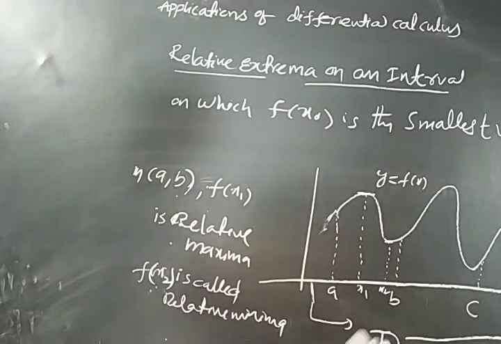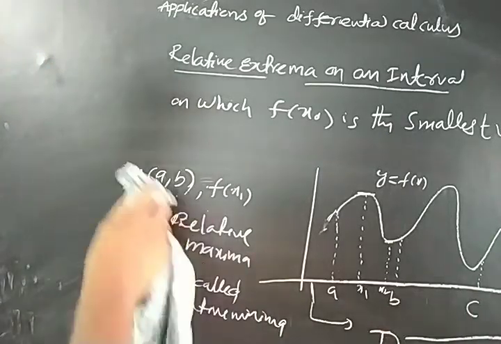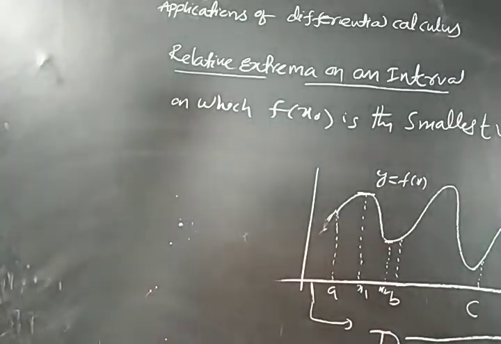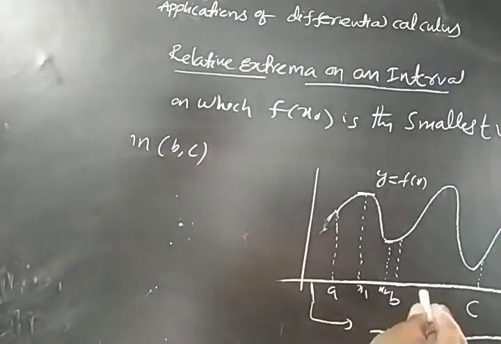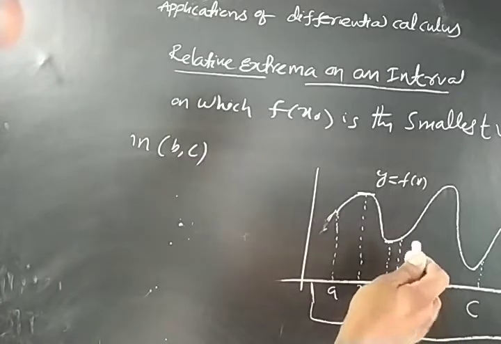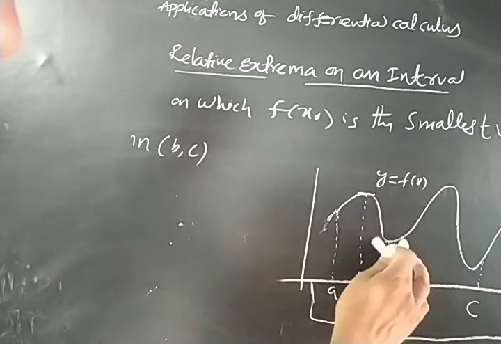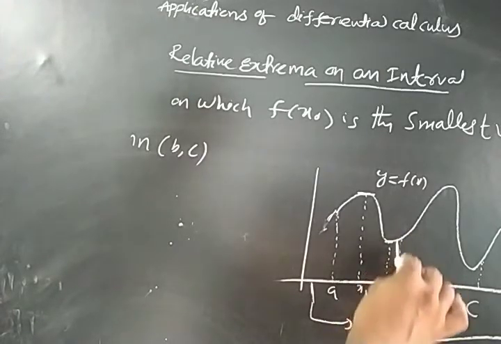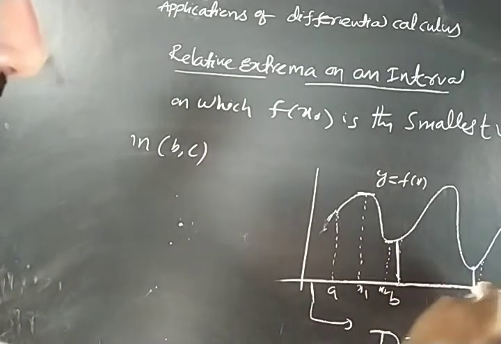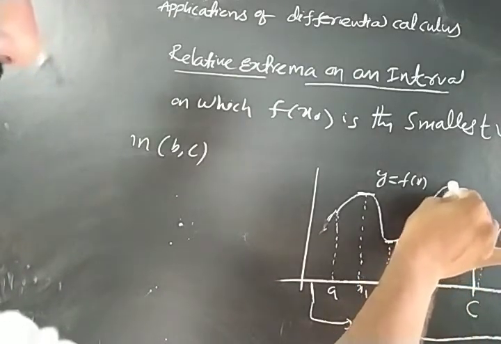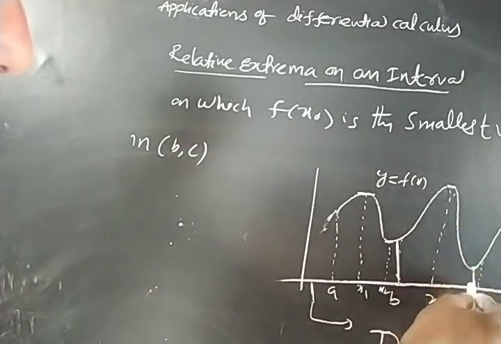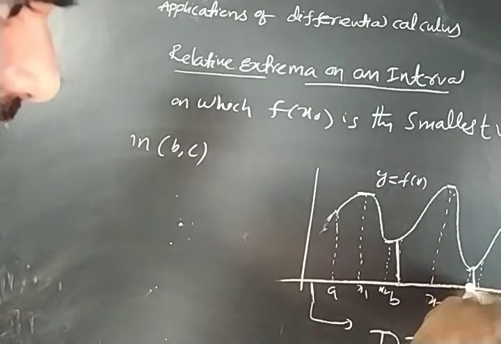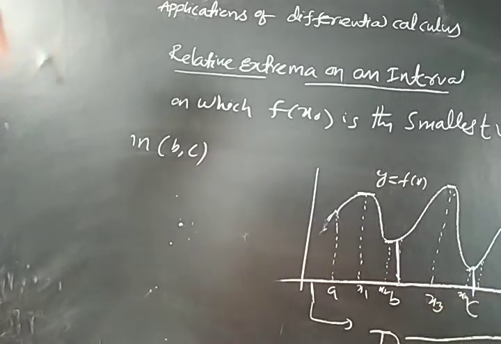If you choose BC as an open interval, in open interval B to C, where are we getting maximum and minimum values? Here I am getting the maximum value. I am denoting that point as x3. At x3 I am getting the maximum value, and at x4 we are getting the minimum value.